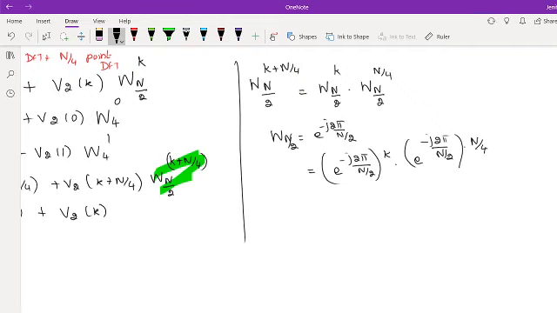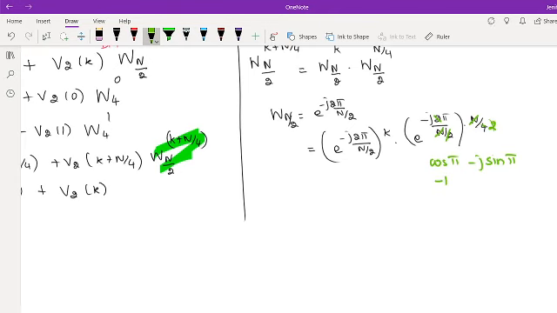We know that this 2 may be the numerator. So if you are cancelling the common terms, this 2 and this 2 are getting cancelled, and this 2 and this 2 are getting cancelled. So it is e power minus j pi again. So it is cos pi minus j sin pi. All the sin pi's are 0. Cos pi value is minus 1. So this is equal to W_{N/2} power k into minus 1.